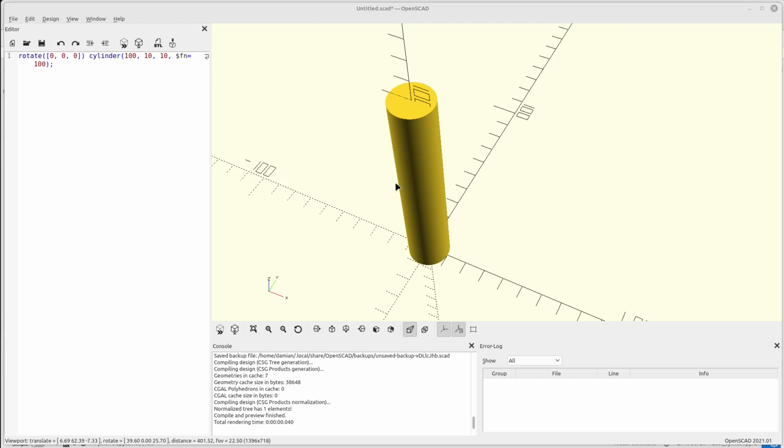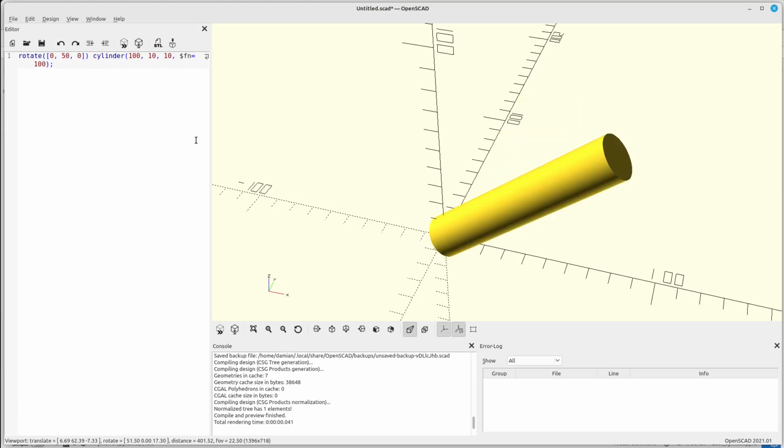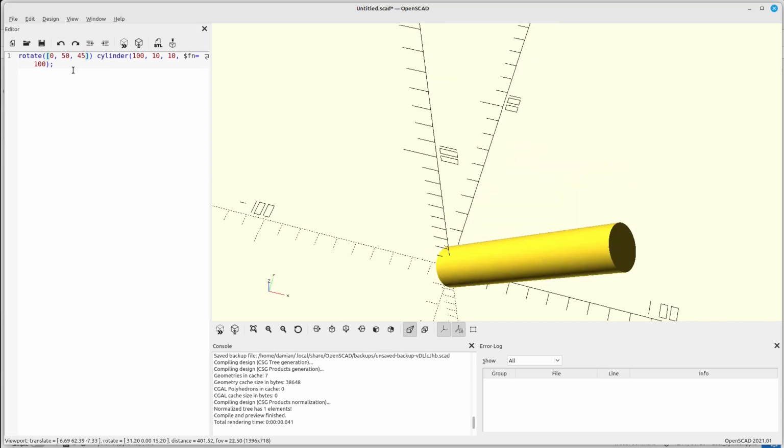It can rotate about the y-axis, so let's try to demonstrate that. So that's one possibility. It can rotate about the y-axis, like so. But it can also rotate about the z-axis, this vertical axis here.